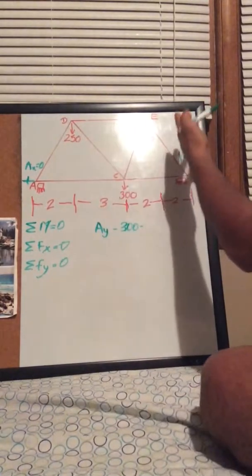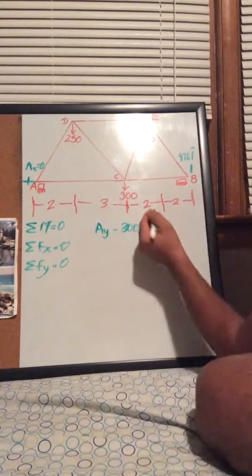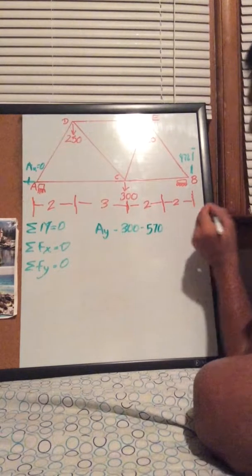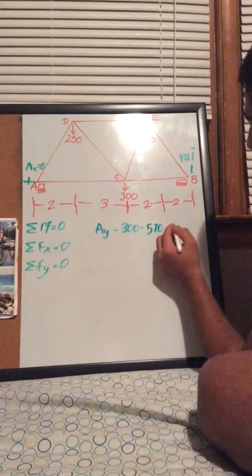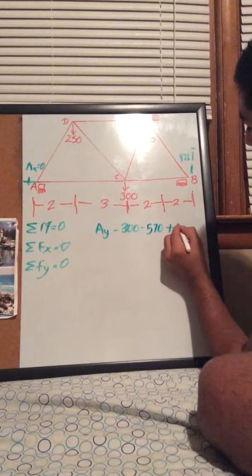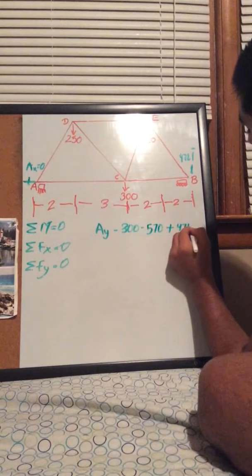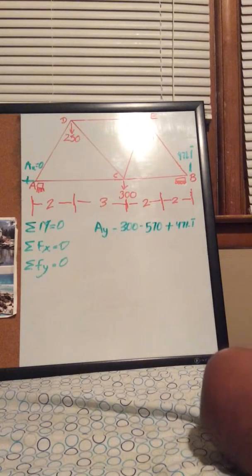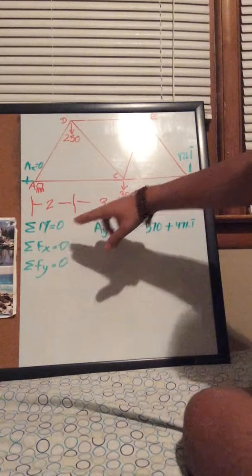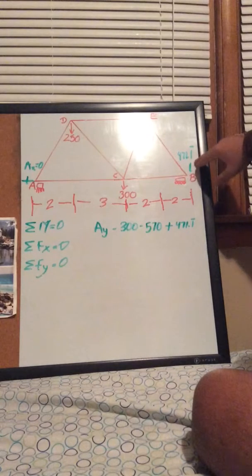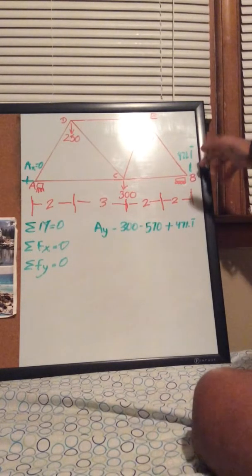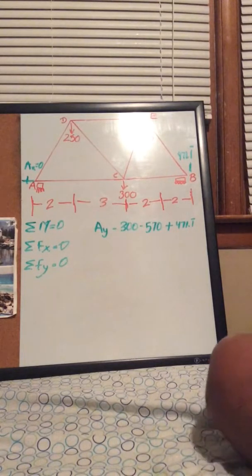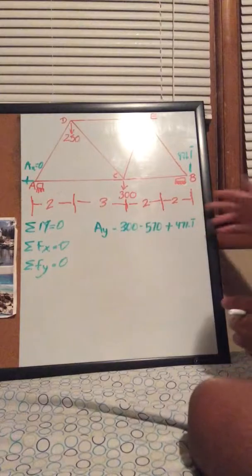So I'm just going to write 570. 320 plus 250 is 570. I don't have enough space, and this one is 471.1, repeating. While doing the moment formula, if this was negative, then it would have come down, but since this was positive, that means it will go up.